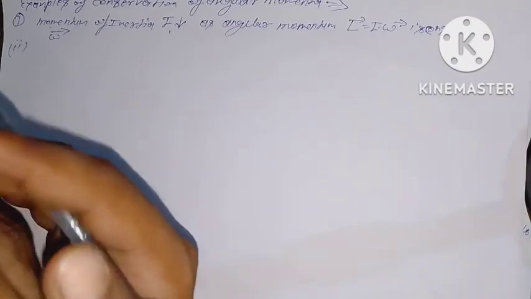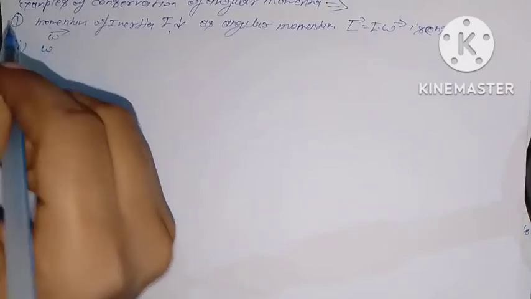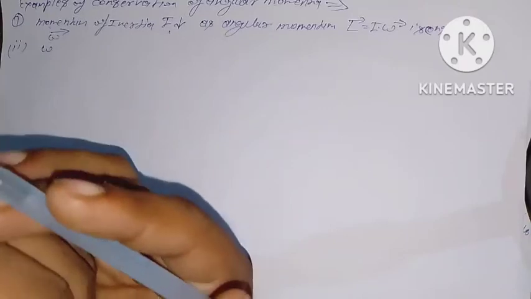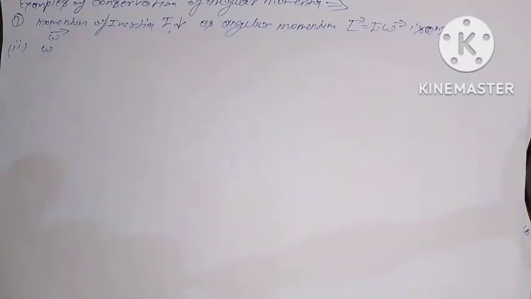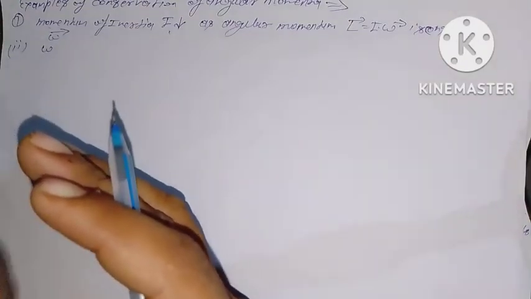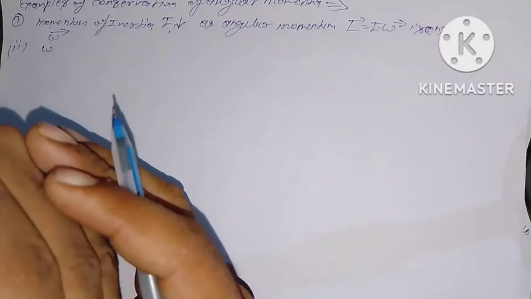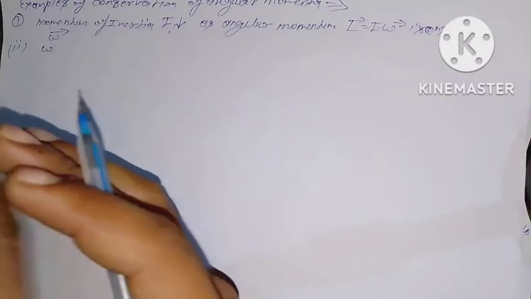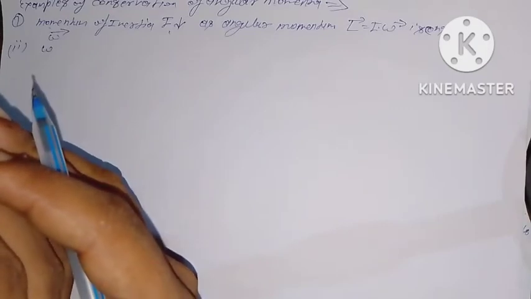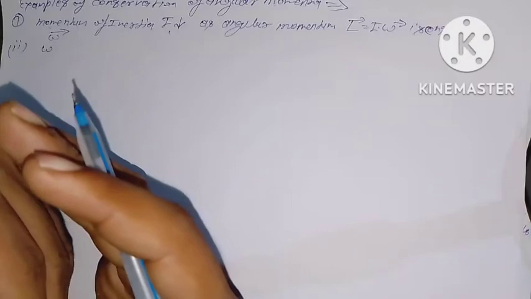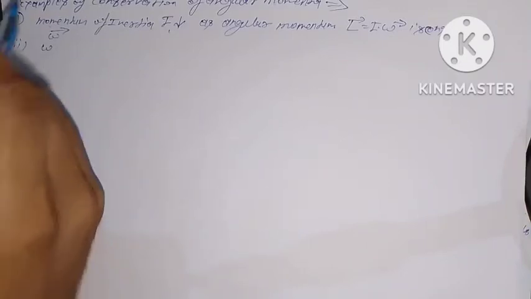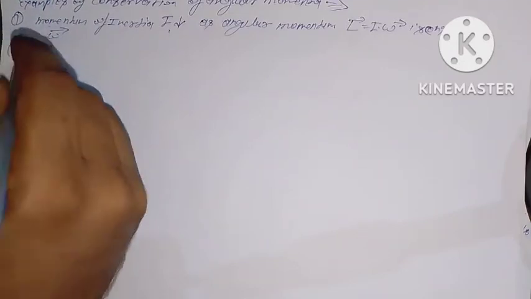In a tornado, air from nearby regions gets concentrated in a small space, thereby decreasing the moment of inertia I. As angular momentum L equal to I omega is constant, omega increases and attains very high values as I decreases.